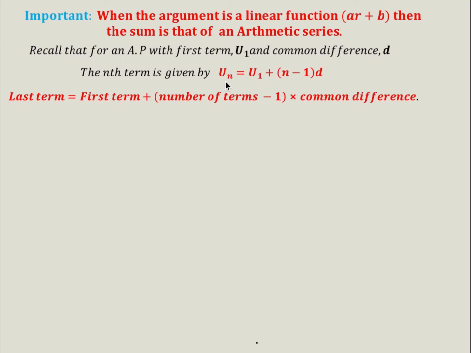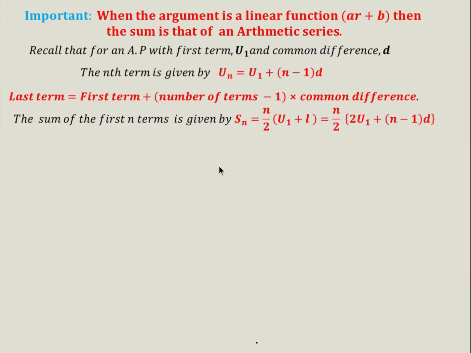So writing the formula might be confusing if you don't master this general form written in words. And the most important thing is that since the sigma notation deals with sums, we have to master the formula for the sum of the first n terms of an arithmetic series, which is given by the number of terms over 2 into the first term plus the last term.